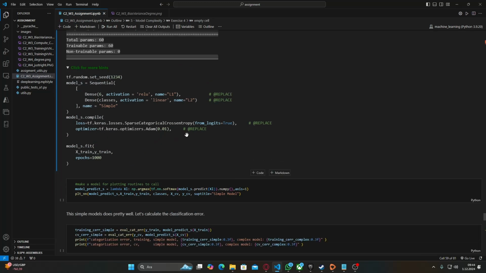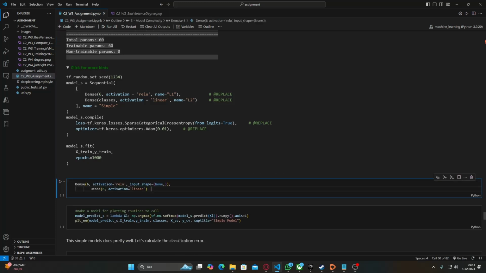Where can I write it in here? I'll just call it in here. Let me put Dense 6, activation ReLU. Oh, okay. I forgot name L1, and then classes, activation linear, and name L2.